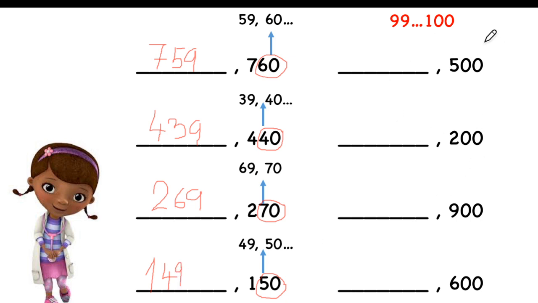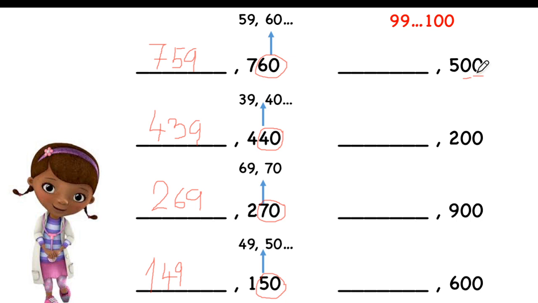The same is with the hundreds. You can see that they end with 2 zeros. That is not easy. We cannot change it because before 0 we have no numbers. We cannot have a number less than 0. So what will we do? We think of it as 100. Which number comes before 100? 99. So what will you do here?